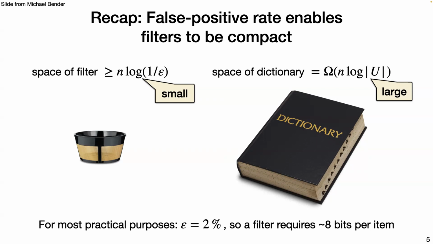For most practical purposes, epsilon is like 2%. So if you plug it into this, that would be about 8 bits per item, log of 1 over 0.02, at least 8, I guess. So the point is that the filter is way smaller than the exact dictionary.